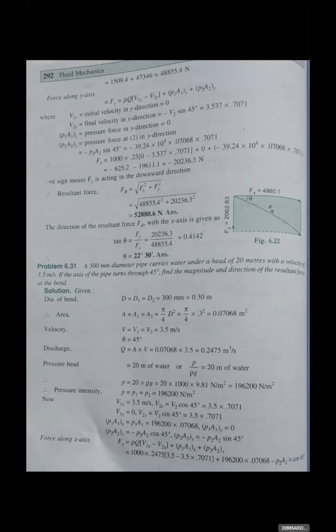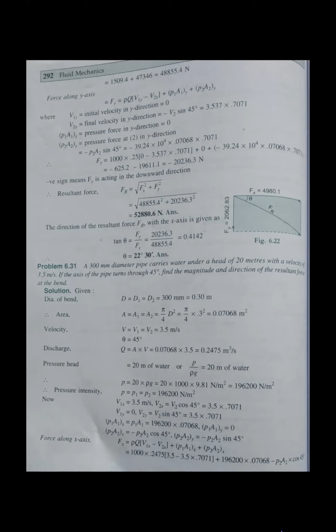And see, some flow is leaving the pipe. If you write this V2 value in the positive y direction, it would be V2, either cos 45 or sin 45. Cos 45, you can write. That is V2 cos 45, leaving in the positive y direction.